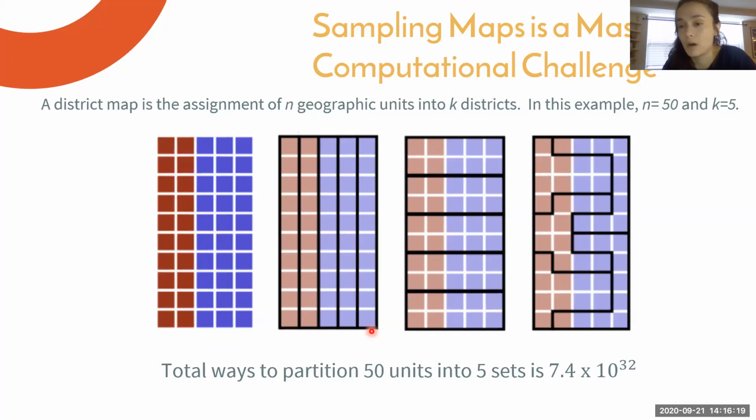And this is a really small example: 50 precincts into 5 districts. Texas has 9,000 precincts and 36 congressional districts. So this problem just explodes, and it's not possible to enumerate the whole space or get every map possible. Instead, we want to sample from this space and get a representative sample of alternative maps.